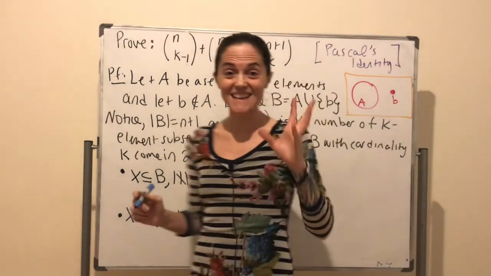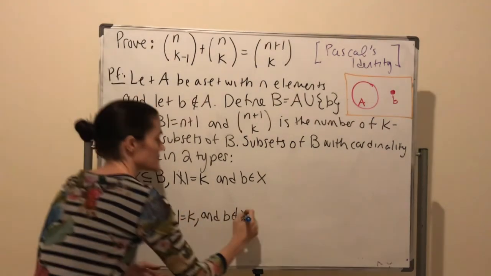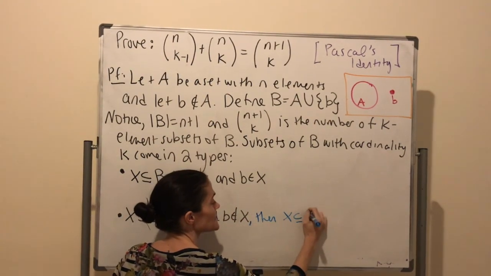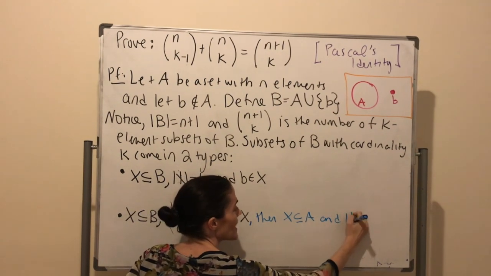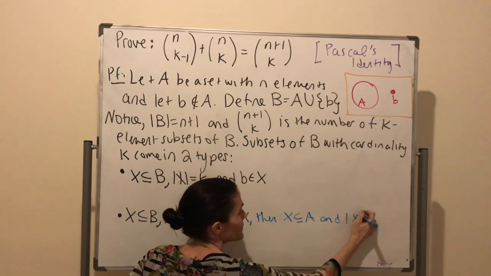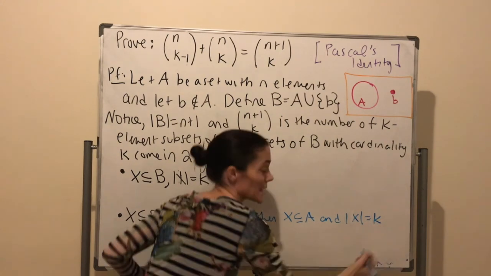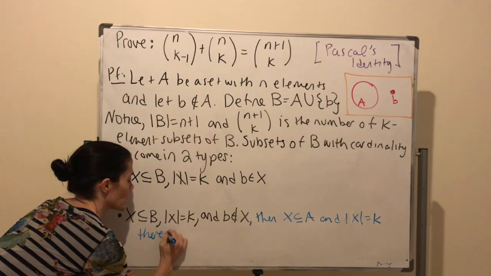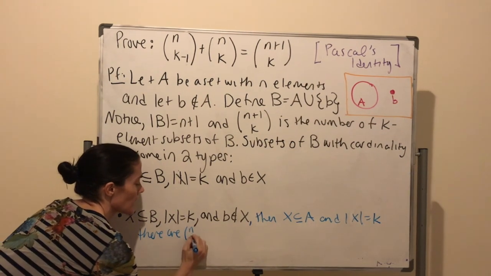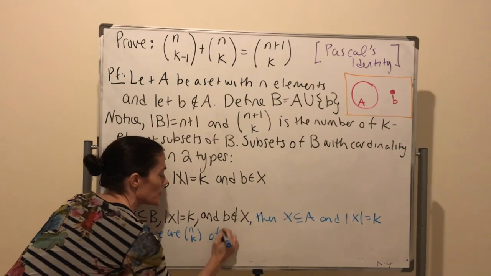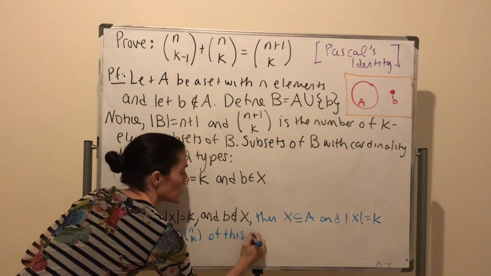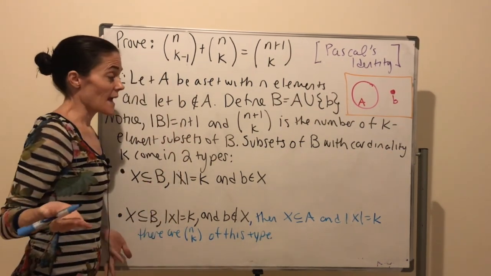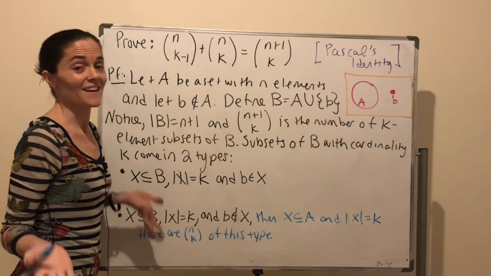In this second case, because b is not in X. So then, in this case, X is a subset of A, and the cardinality of X is k. And we know how many are in this type. There are n choose k of this type, because we're just counting the k element subsets of A here.